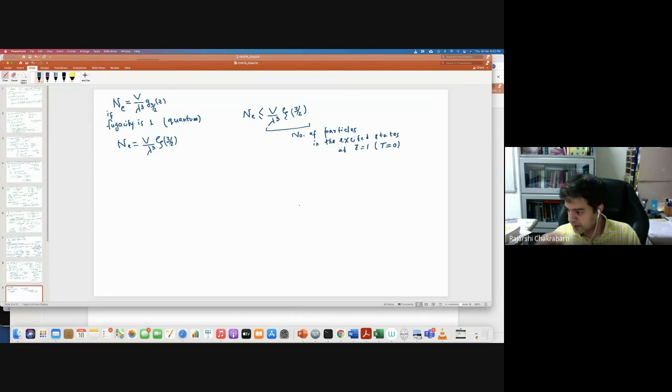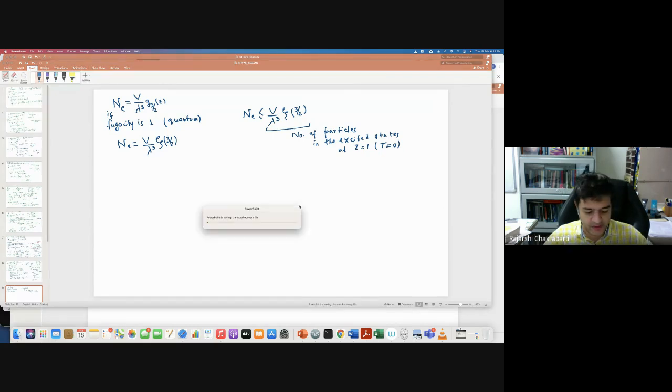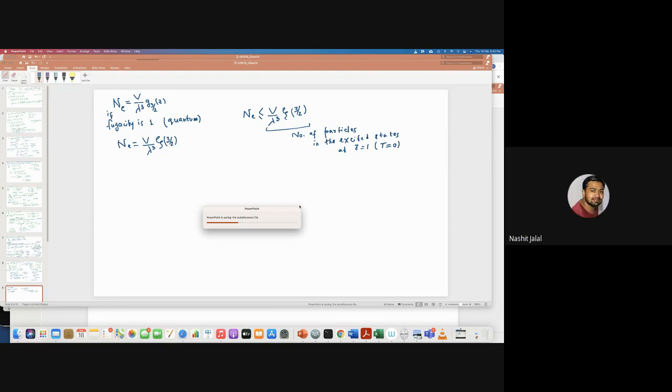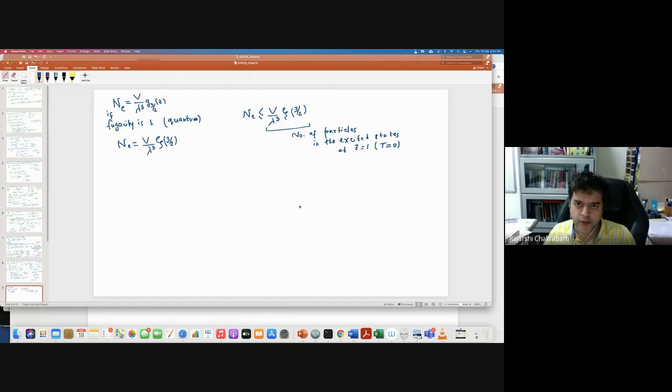Is what Anish is saying correct, or should it be the other way? Sir, intuitively, he's correct, I think, because at low temperature, all would be in the ground state.